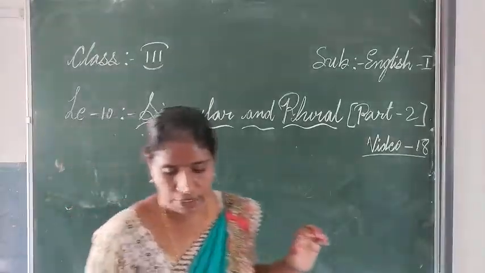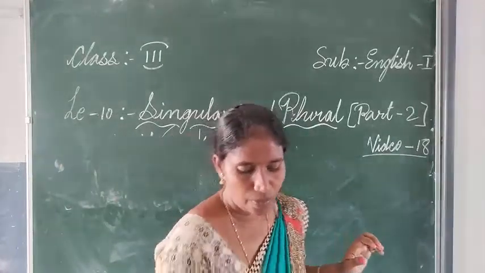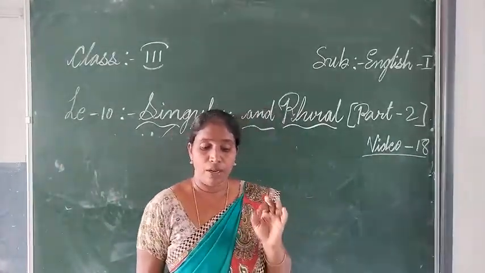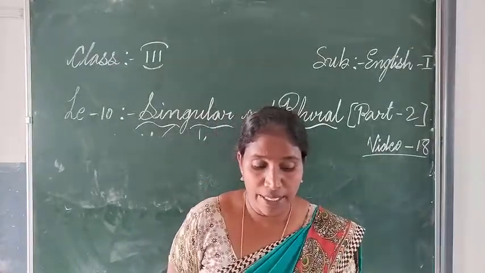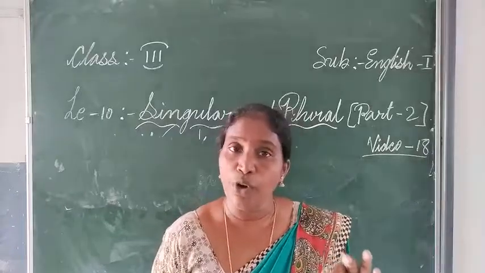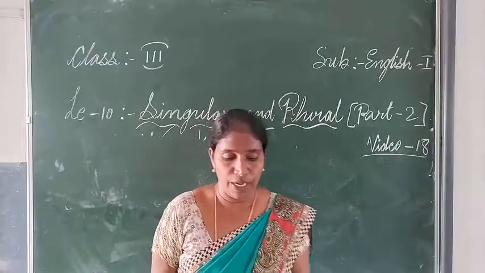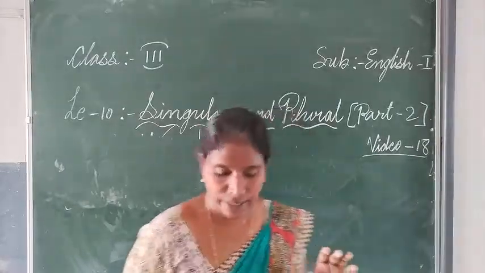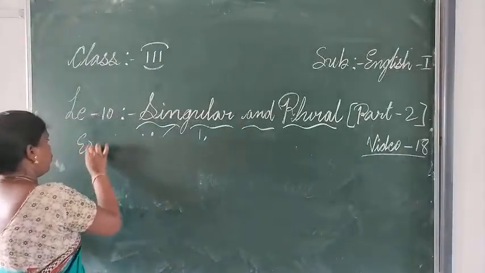The next thing that we have here: when the noun ends in F or FE, we drop F or FE and add VES. So, exercise number 4 we are coming to now.